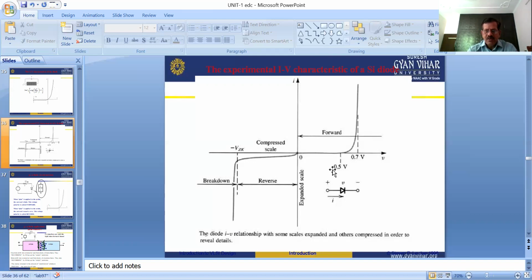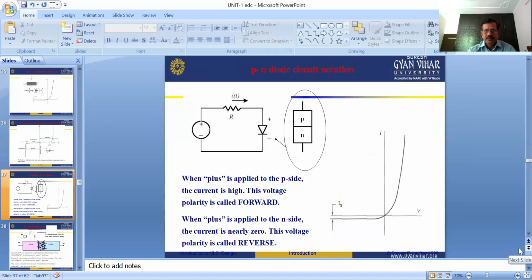We can represent the diode as a symbol like this, simply a positive terminal and a negative terminal. The positive terminal is the anode and the negative terminal is the cathode. So this is the symbolic representation of a PN junction diode. This is the circuit diagram of a PN junction diode.